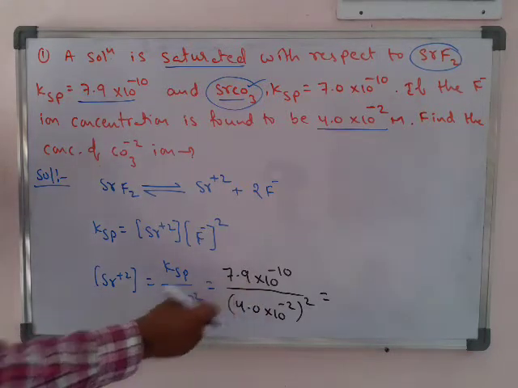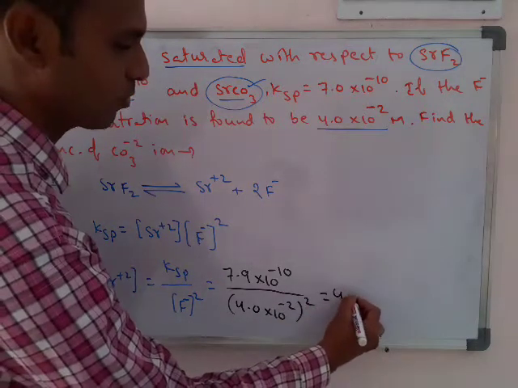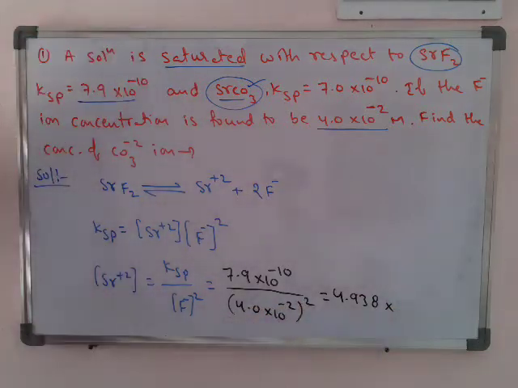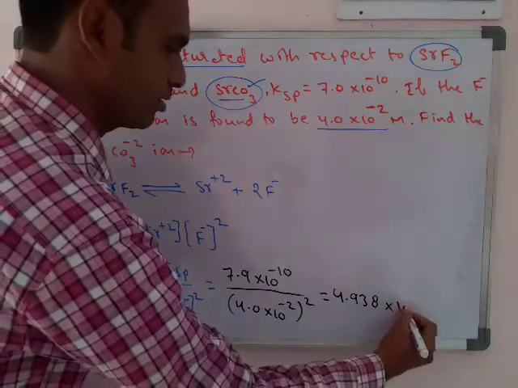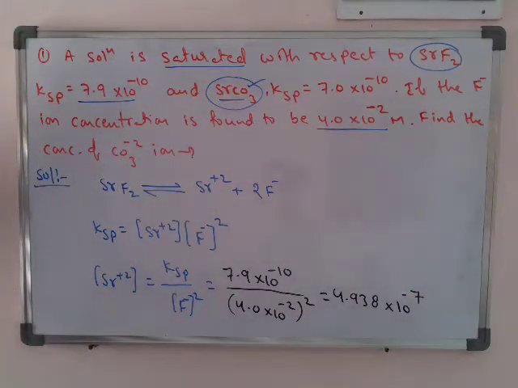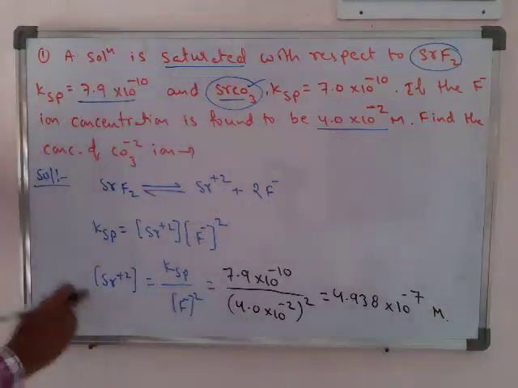This becomes 16. Approximately we get 4.938 into 10 power minus 7 in terms of molarity. Okay, so this is the Sr plus 2 concentration.